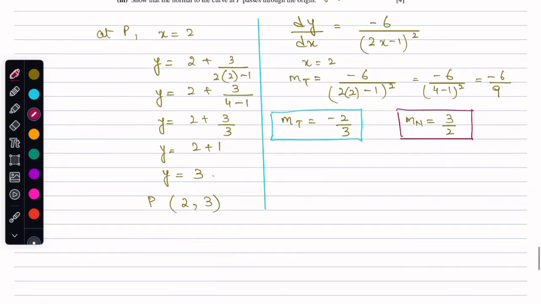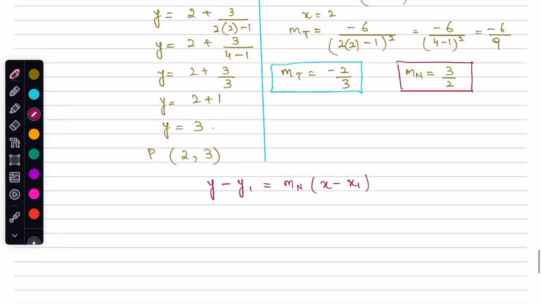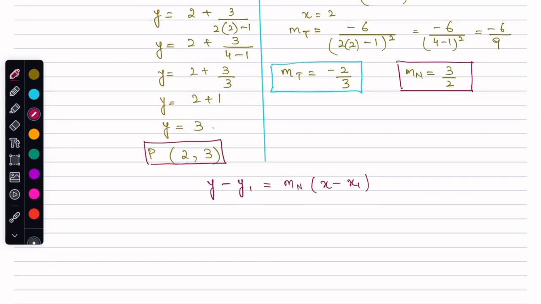So I have x1, I have y1. I know that the equation of the normal is y minus y1 equals the gradient of the normal times x minus x1. Substituting this point P as 2 and 3 in the equation, it's y minus 3 equals 3 by 2 times (x minus 2), or 2 times (y minus 3) equals 3 times (x minus 2).